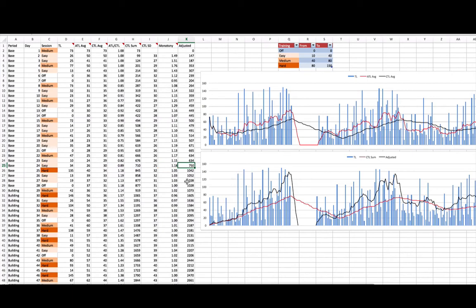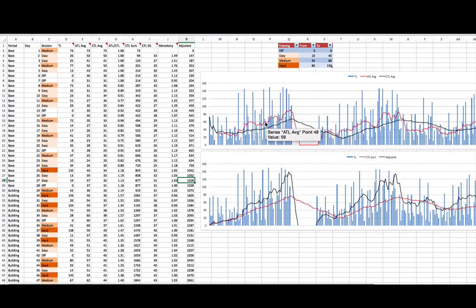So the training load is bigger if we have more monotonous training, and the training load is bigger if we have a high ratio between acute and chronic. In plain English, I'm adjusting the training load based on the monotony of training. More monotonous training is harder to recover from, and I'm also adjusting for, let's call it, the velocity or speed of increase.